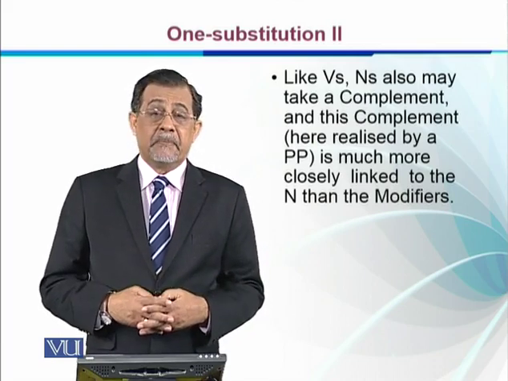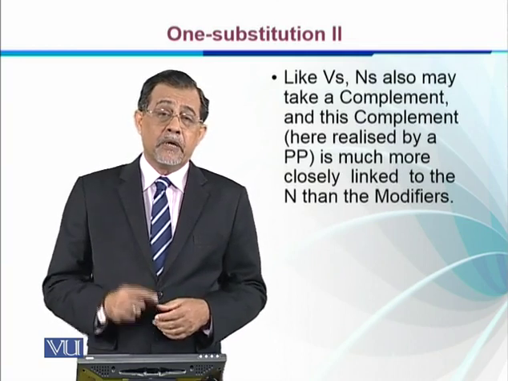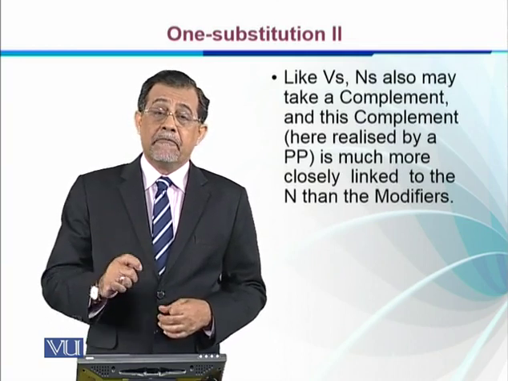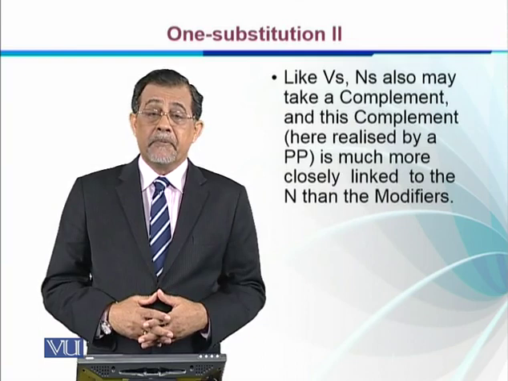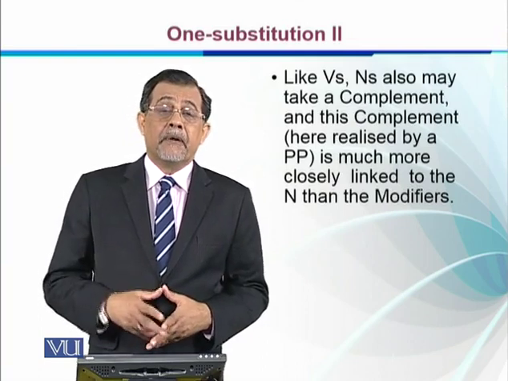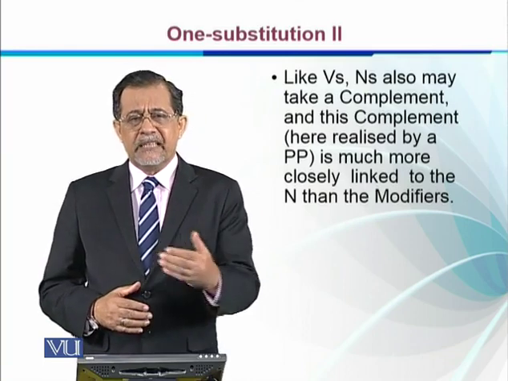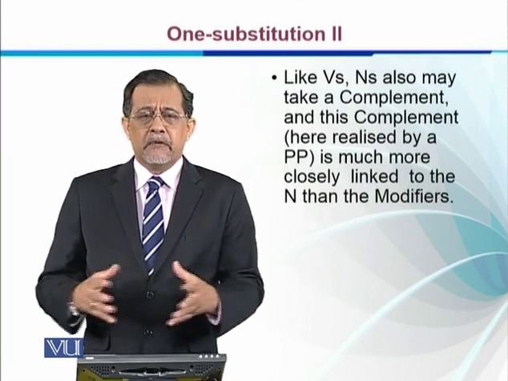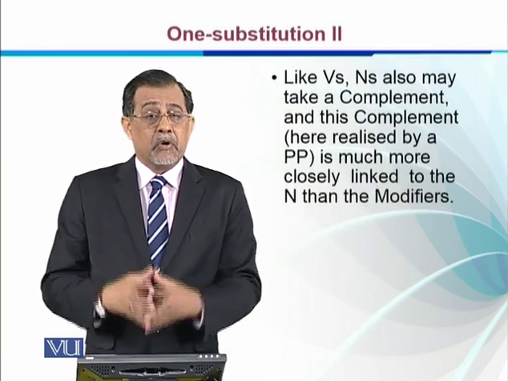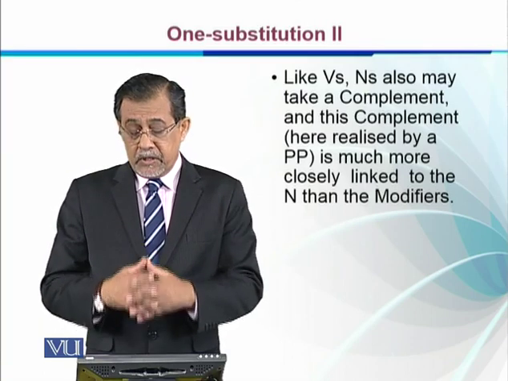may take a complement. This is something very important to remember: like verbs generally have complements, sometimes they do not have complements. For example, we talked a lot about different types of verbs, transitive, intransitive, and others, and we talked about their complements which they generally take.